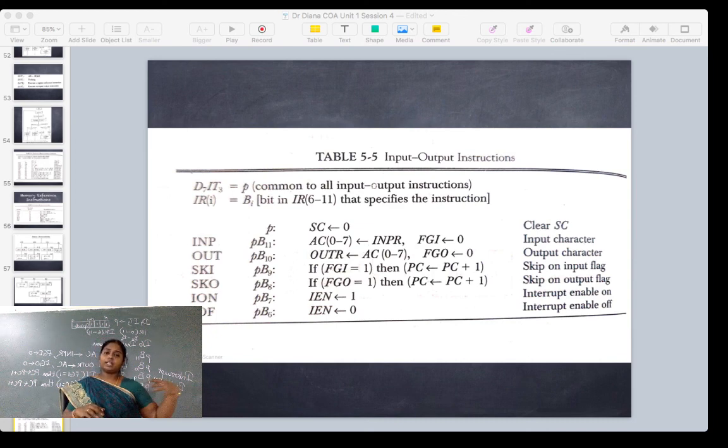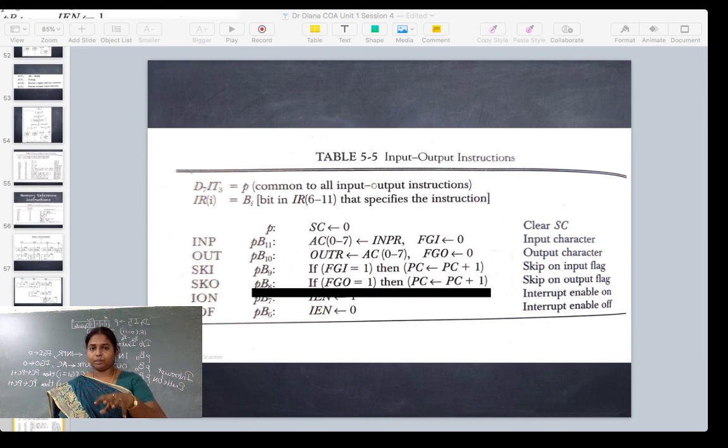So when another program or another equipment needs the attention of the CPU, it can raise an interrupt to the CPU and ask the CPU to stop the execution of the current program and take up execution of another program. Such a signal sent to the CPU to stop the execution of the current program and do some other task is called an interrupt.